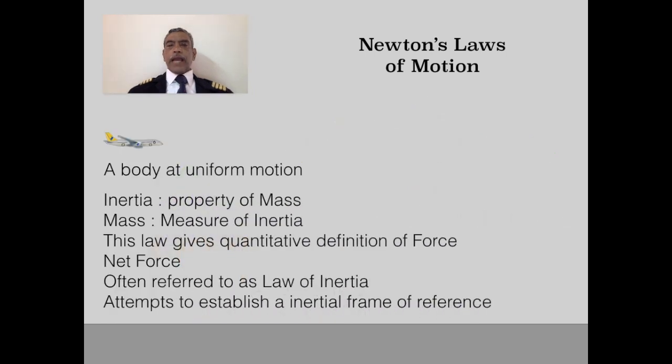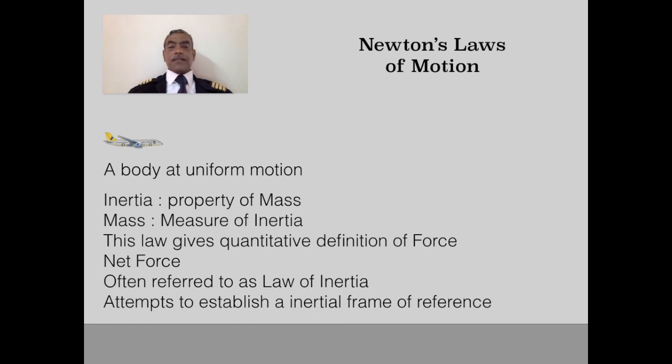Okay, what do we understand after learning Newton's first law of motion? What are the concepts which we learnt? We understand the concept of a body at uniform motion or present state of rest. It defines the property of inertia, or the property of mass of a body.